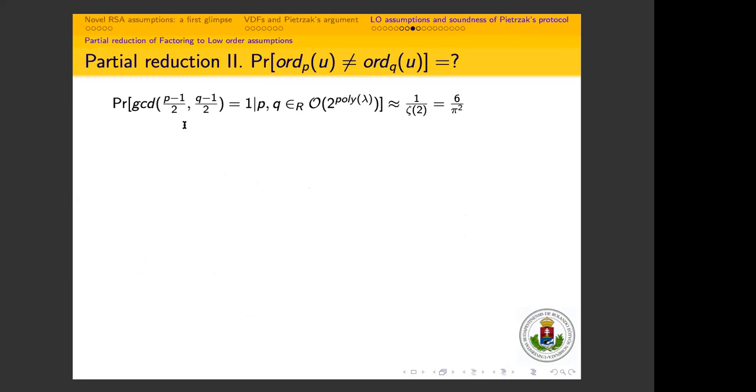This is basically like generating two random numbers that don't have any common factors, so it's the probability of coprimality of random integers, which is an established thing. We know that the probability of coprimality for random integers is 1 divided by zeta 2, which is approximately 6 divided by pi squared. So it's a constant, we don't really care.